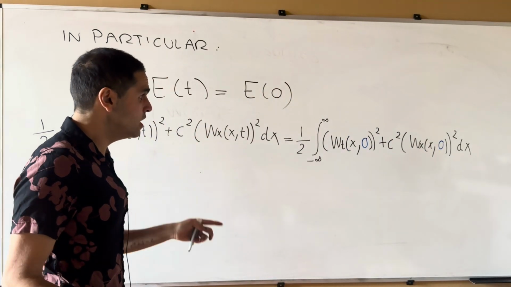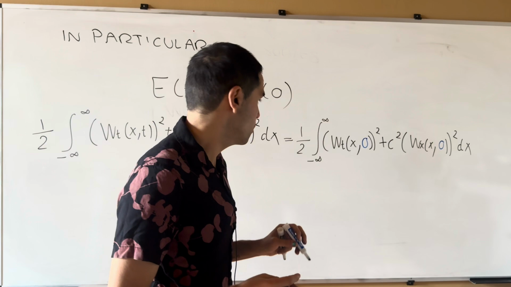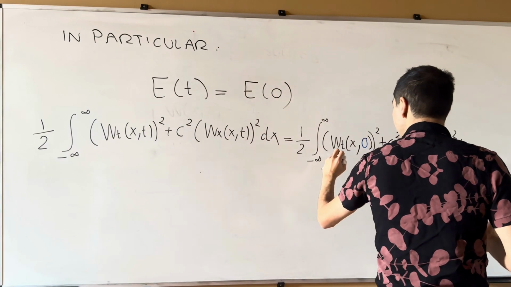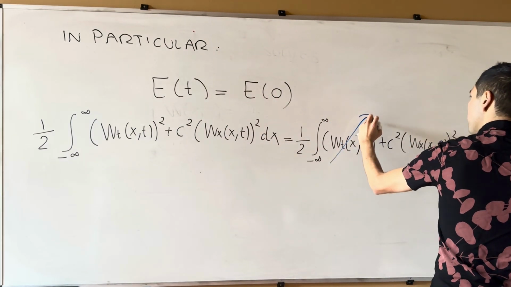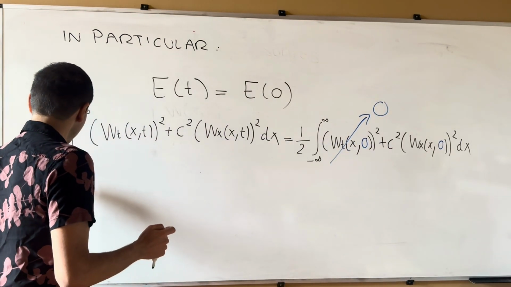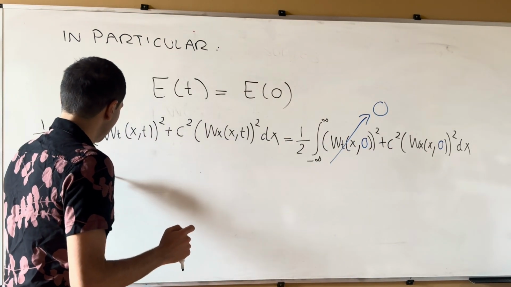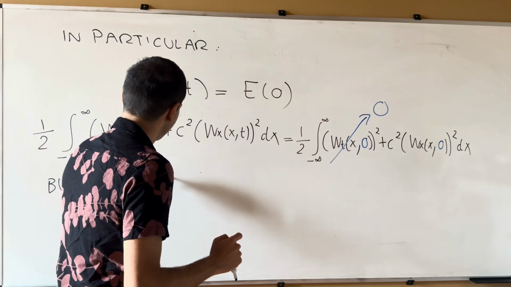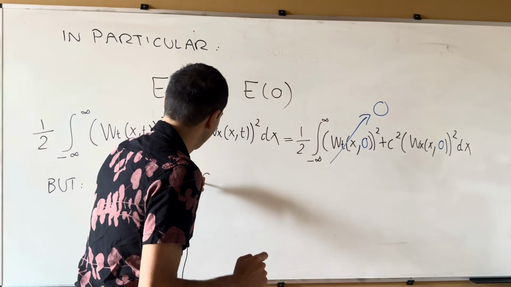Here we need to use our assumptions. W_t(x,0), by assumption, is 0.